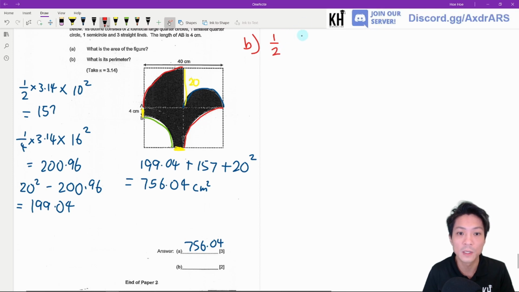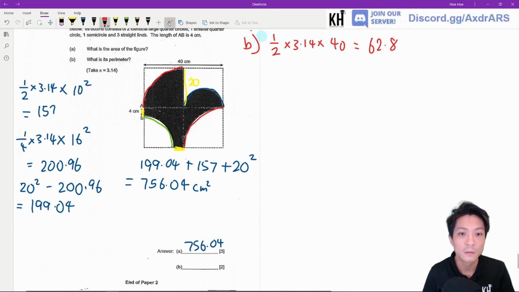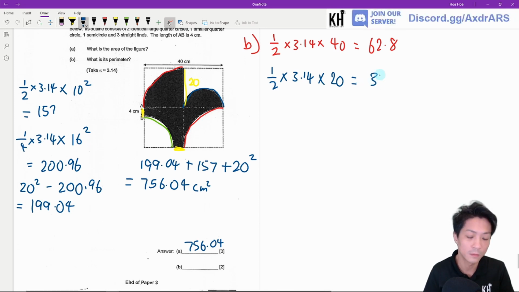Let us find out what is the red line first. It will be half times pi times d. Okay, then next I'm gonna find the blue semicircle, which is half times pi times 20. 31.4.